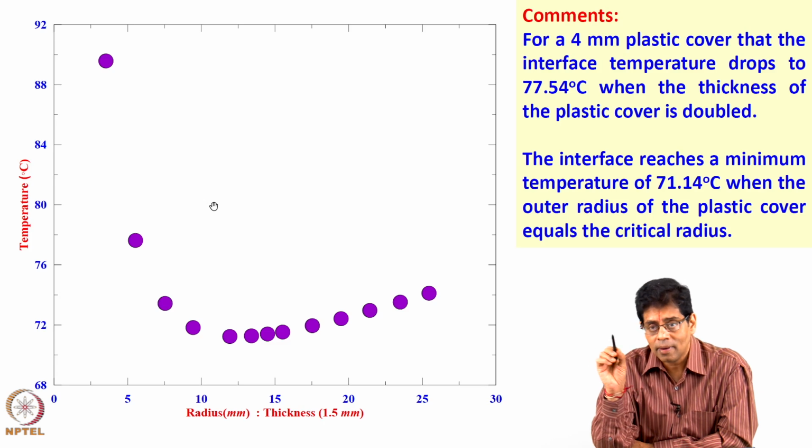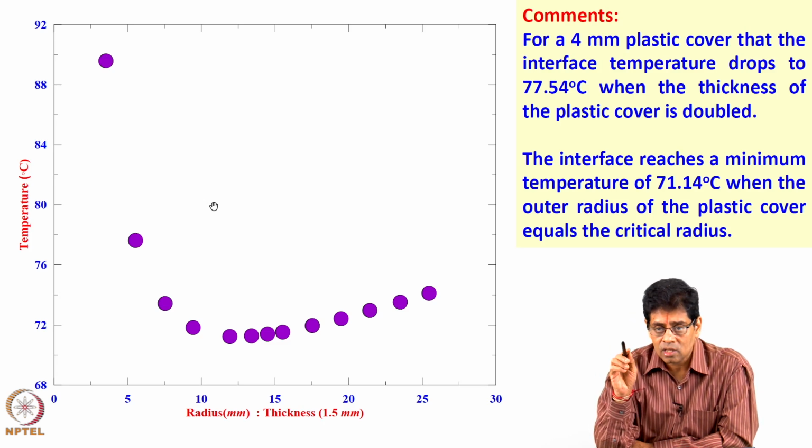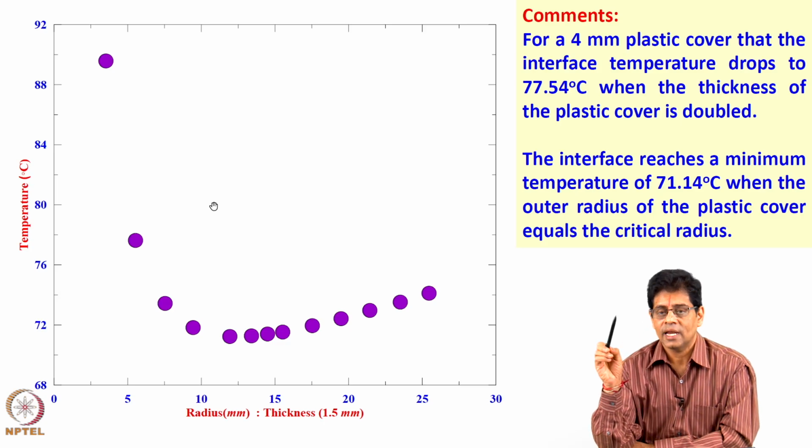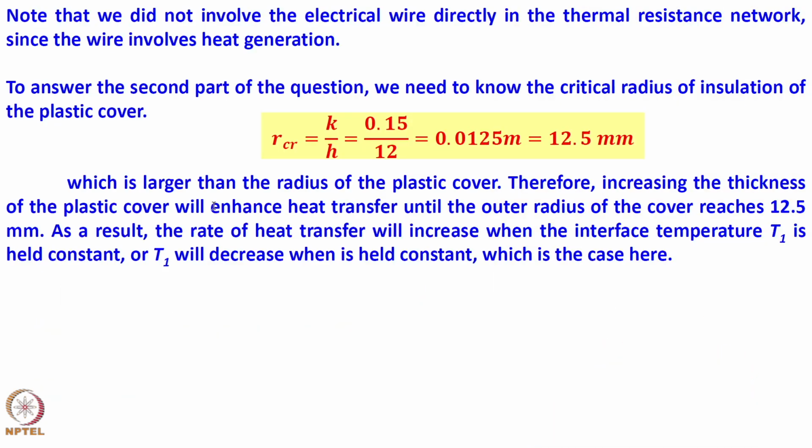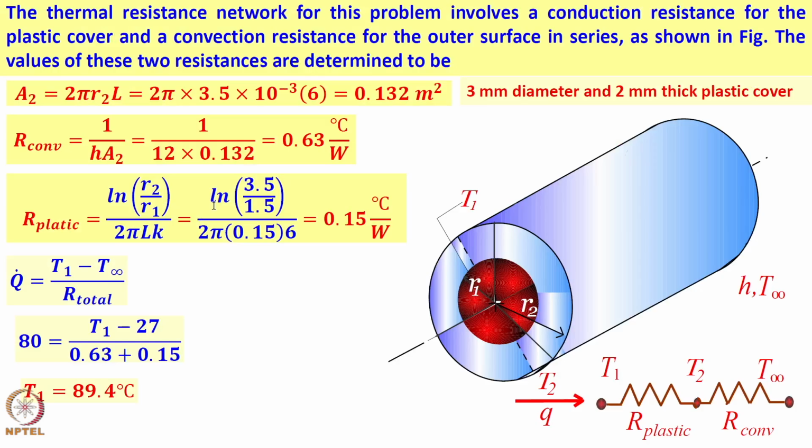For a 4 mm plastic cover, the temperature drops to 77.54 when the thickness of the plastic cover is doubled. Interface temperature reaches 71.14 when the outer radius of the plastic cover equals critical radius. How do I do this? I go and substitute the appropriate numbers into these values.